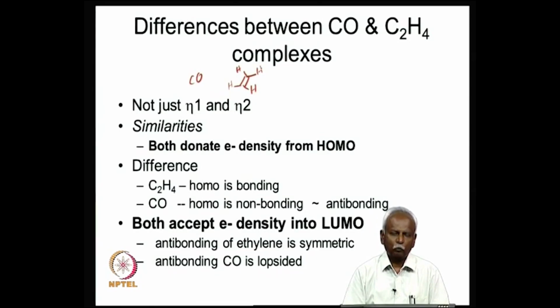And so, the CO on the other hand, it has got a slight difference, because the HOMO is non-bonding, if not slightly anti-bonding. And as I explained when we were discussing the carbon monoxide complexes, this is a controversial discussion that has been there in the literature, but it is understood that the HOMO of carbon monoxide is not a bonding orbital, and so removal of electron density does not affect carbon monoxide significantly in terms of the CO stretch.